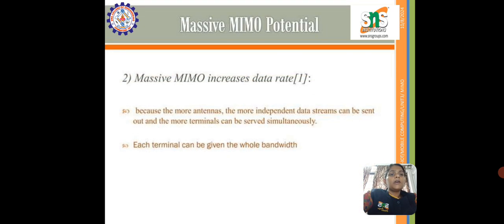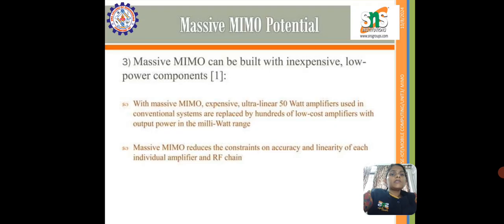Next, let us see about the massive MIMO potential. Massive MIMO potential is an increase of data rate, because with more antennas more independent data streams can be sent out and more terminals can be served simultaneously. Here each terminal can be given the whole bandwidth. Next, massive MIMO can be built with inexpensive and low power components.